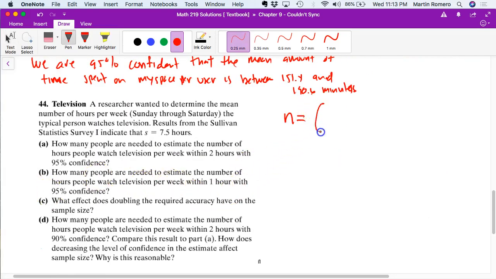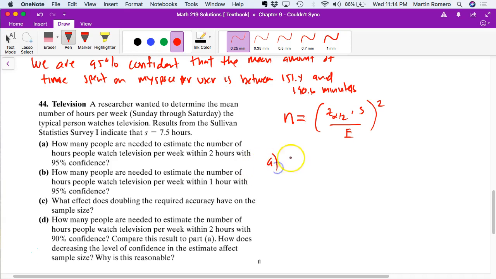Z alpha over 2 times S over E, squared. There's our formula that we're using for problem number 44. And so then all we need to do is substitute values into there.